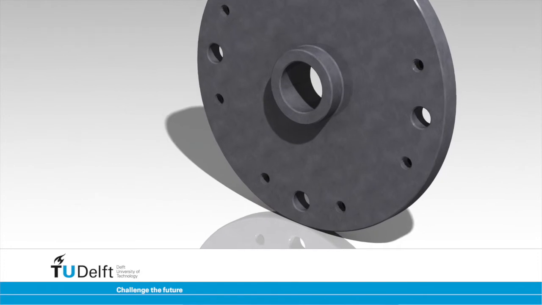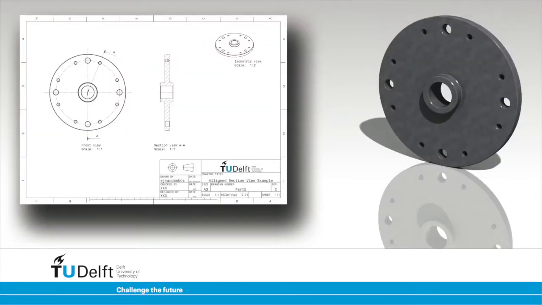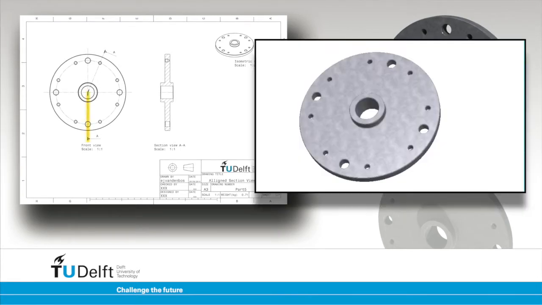Aligned section views are used in the case of a circular object. Consider the example shown. Two hole patterns are present. The cutting plane, indicating the location of section view AA, starts vertically at the bottom until the center of the object. From the center, the cutting plane continues in a slightly angled trajectory to intersect one of the smaller circles in the drawing.